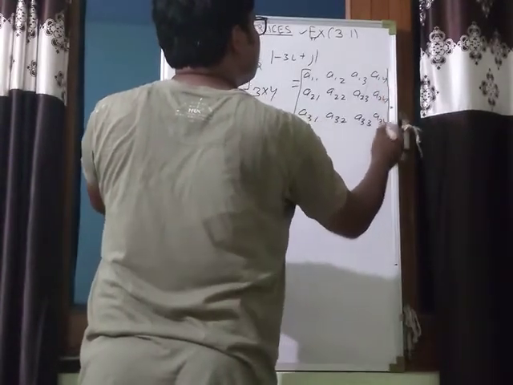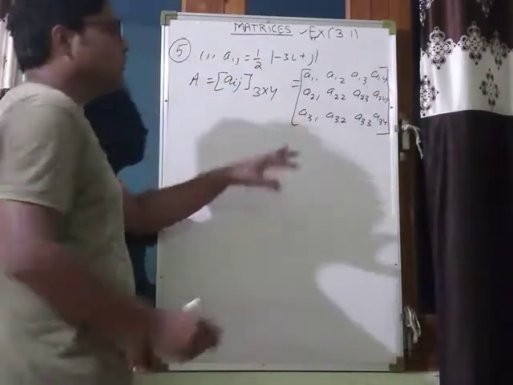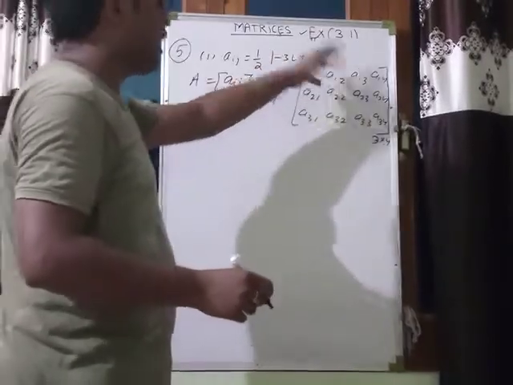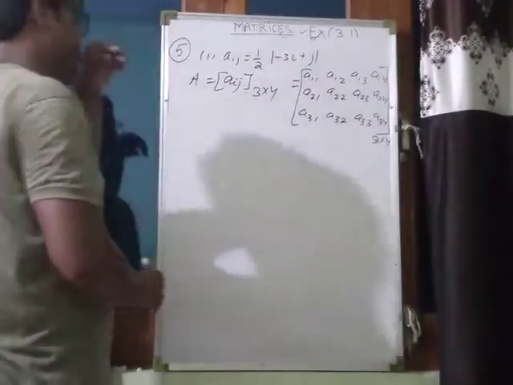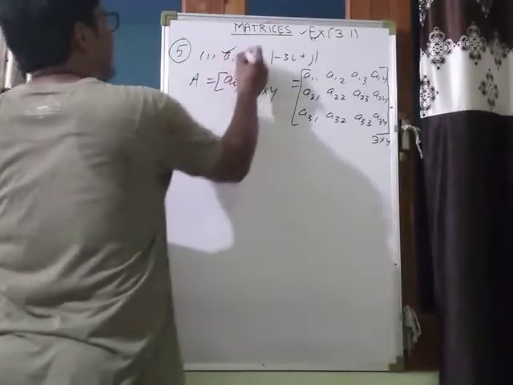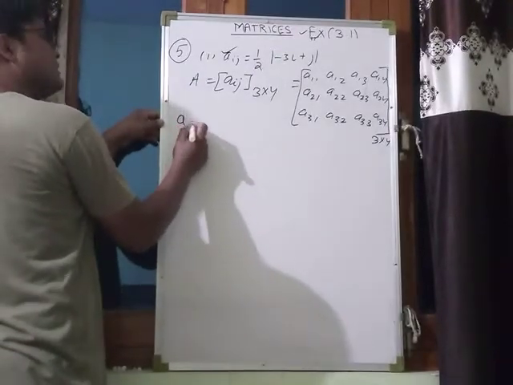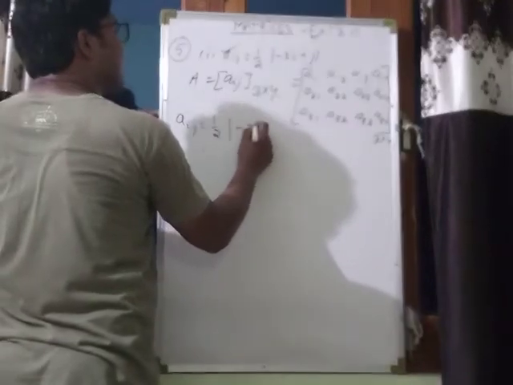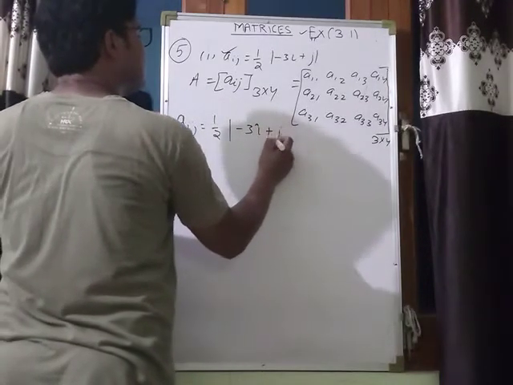That is your matrix whose order is 3 by 4, and now we have to find all these entries. The entries are defined here: A_ij is half mod of minus 3i plus j.